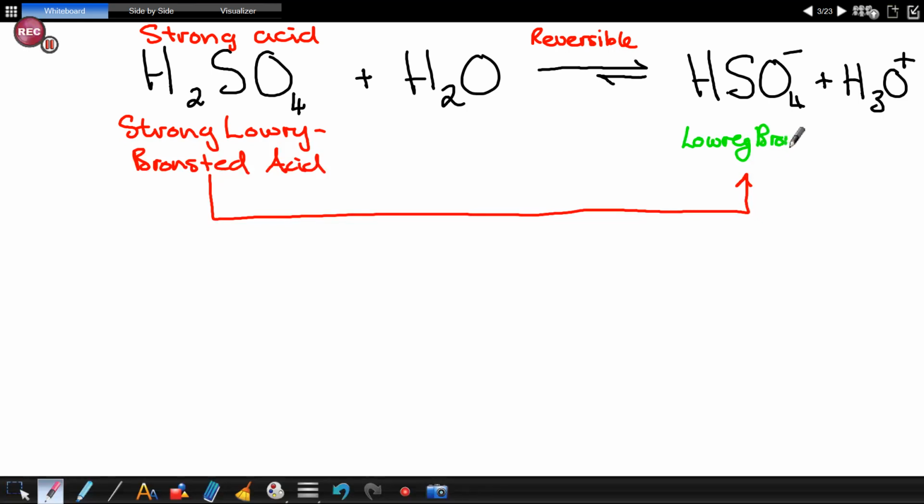I'm going to put LBB, Lowry-Bronsted base, and LBA. Not in a script, but you can in your study notes.